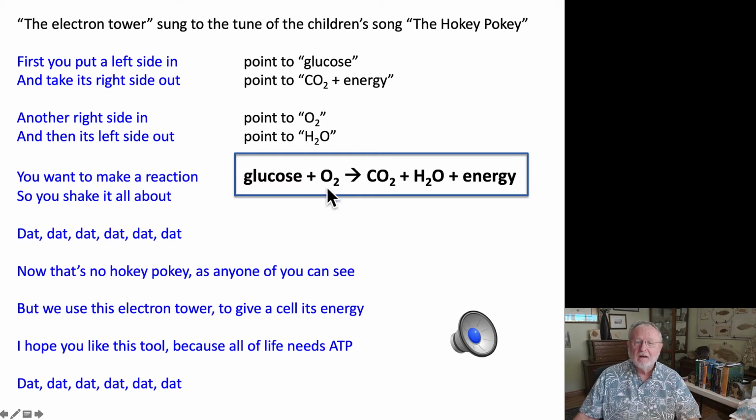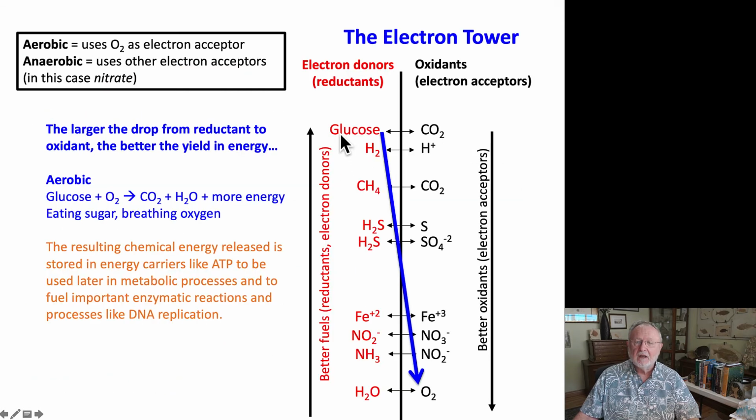So once again, the donor is on the left side and the acceptor is on the other side of the reaction. What we're looking at once again is glucose plus oxygen results in CO2 plus water.